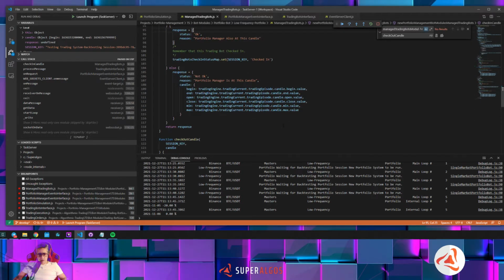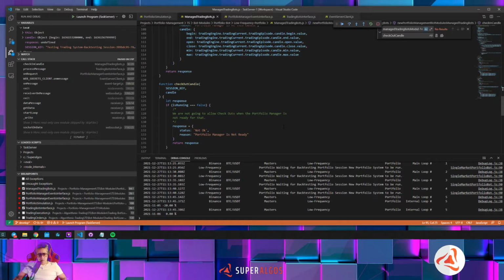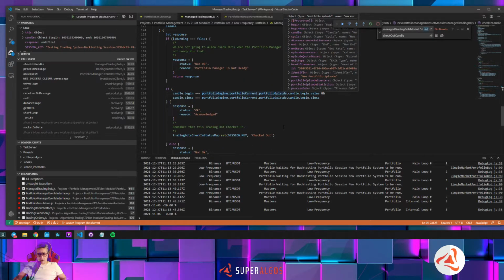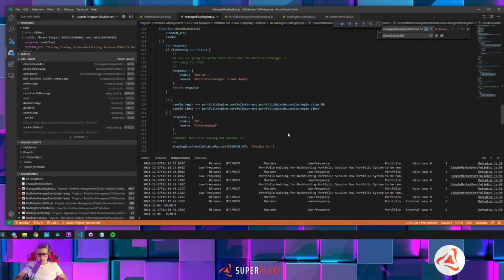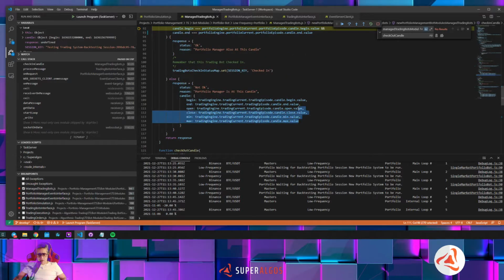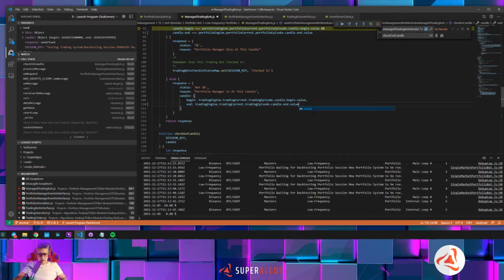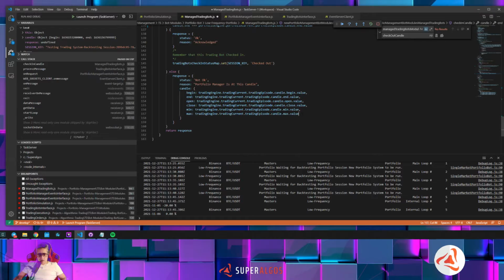So my guess is that this comparison is also done here, so I'm going to fix it there too. And another thing I'm going to fix is that when I send these candles, I don't need to send more information, so just this is okay. And just this is okay too.